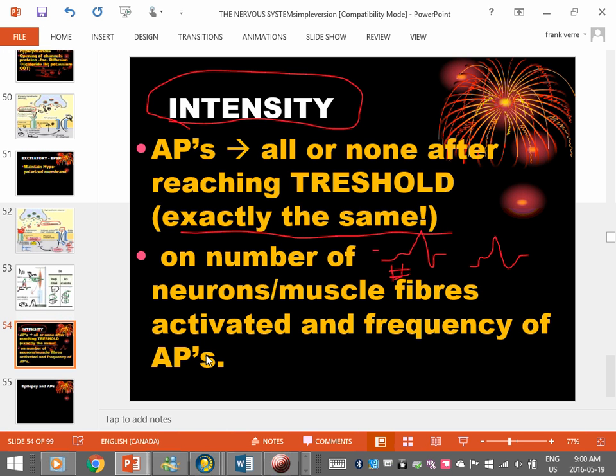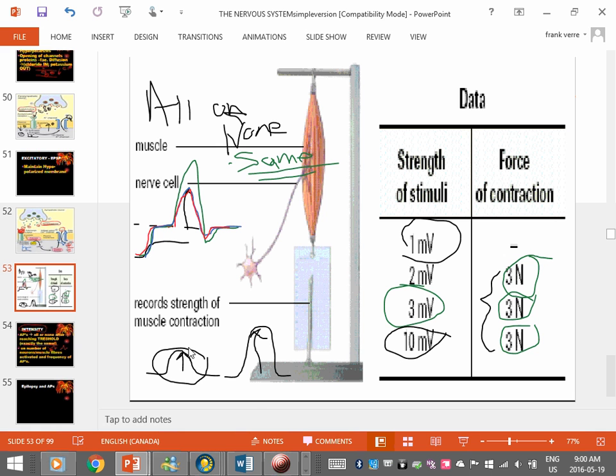So even though each action potential is the same, the number of action potentials isn't. In other words, even though the strength of the stimuli does not affect the height of the tidal wave, it would affect the number of tidal waves.